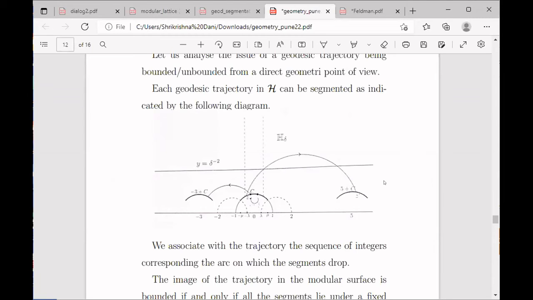This gives me a certain number. If this corresponds to 0, this corresponds to a certain number here. Notice that these distances are 1, so these arc bits correspond to an integer. So this number I can also see.